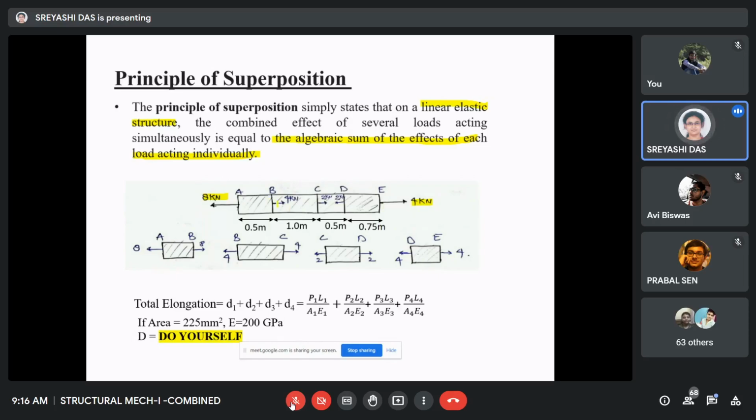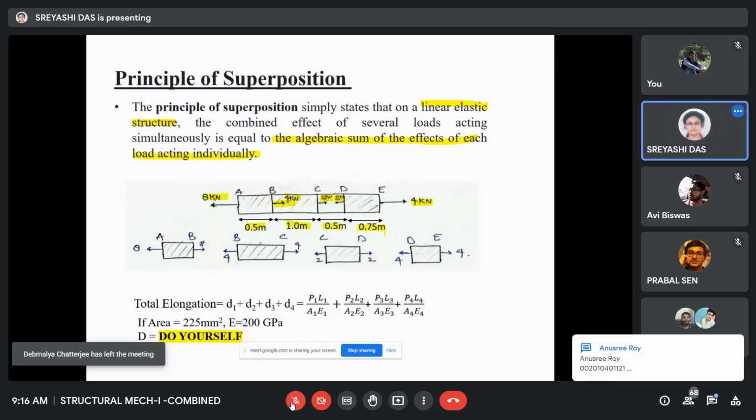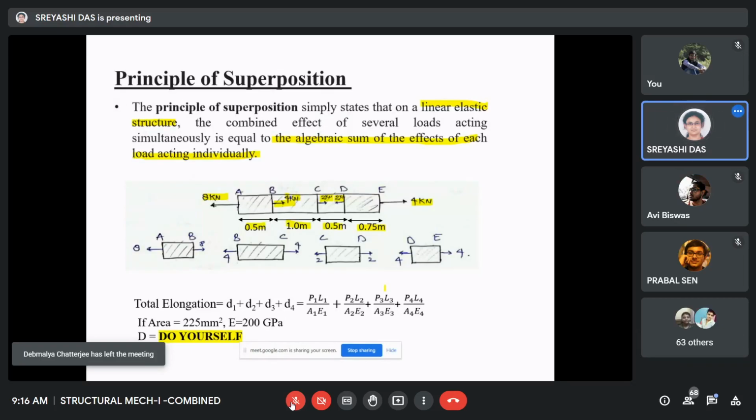In between, a 4 kilonewton axial load is applied at point B, a 2 kilonewton load is applied at point C in the right direction, and in the left direction a 2 kilonewton load is applied at point D. The length of each of the AB, BC, CD and DE parts is given. Now we have to find the total elongation of this structure.